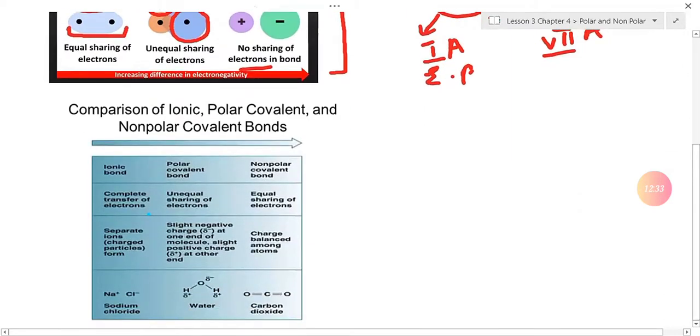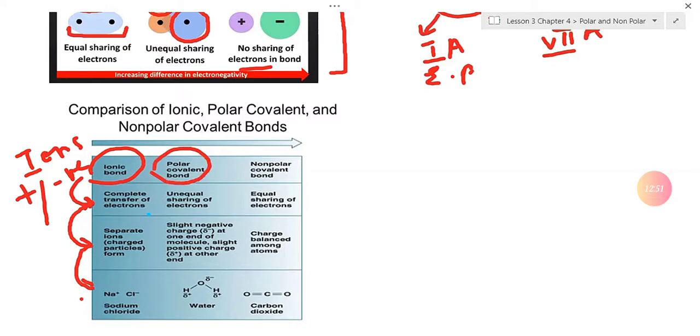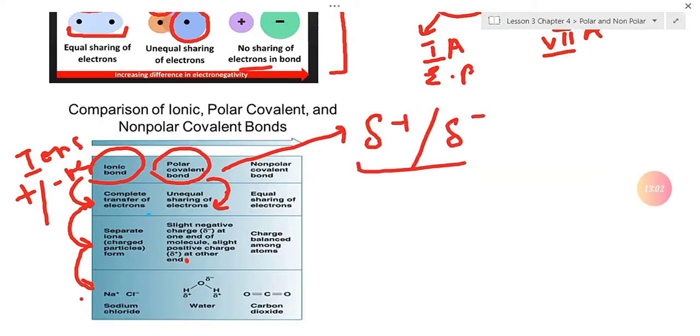Let's have another comparison of ionic, polar covalent and non-polar bonds in this illustration. In ionic bonds, we have complete ions, meaning positive and negative charges are formed, cations and anions, and electrostatic forces hold them together, for example NaCl. Whereas in polar covalent bond there is unequal sharing of electrons and slight negative and slight positive, meaning partial positive and partial negative charges are formed.